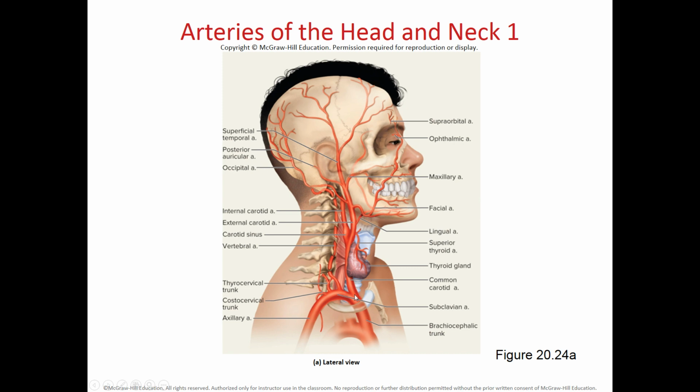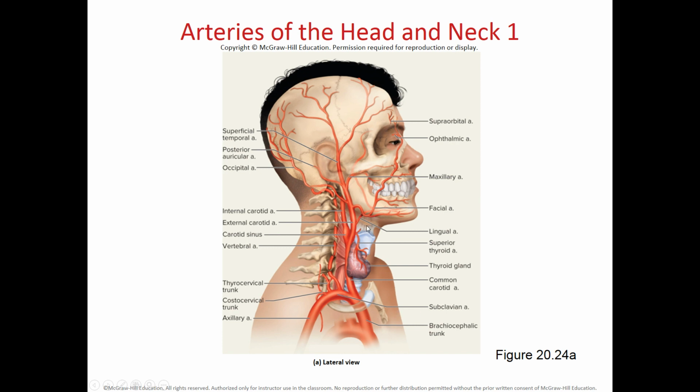And some branches of the common carotid will be the superior thyroid artery, which provides blood supply to the thyroid gland. The thyrocervical trunk and costocervical trunk are actually these two branches of the subclavian, which you can see here. Why is this called subclavian? Because it goes under the clavicle. Sub means under, clavian, clavicle.